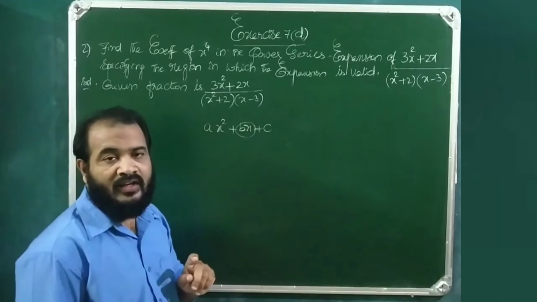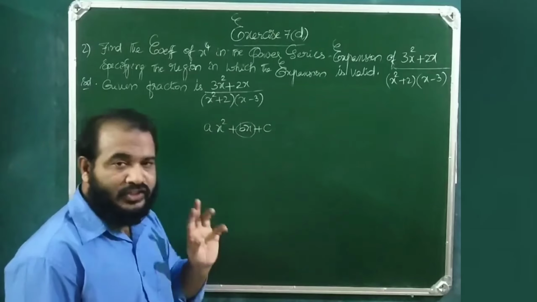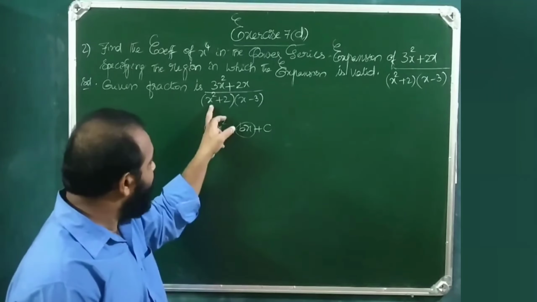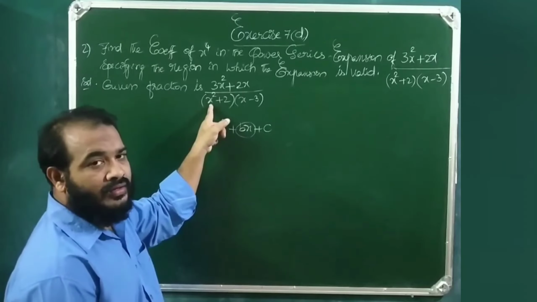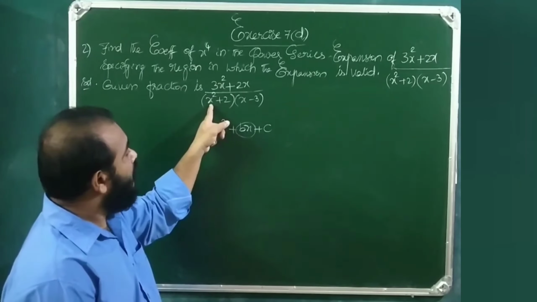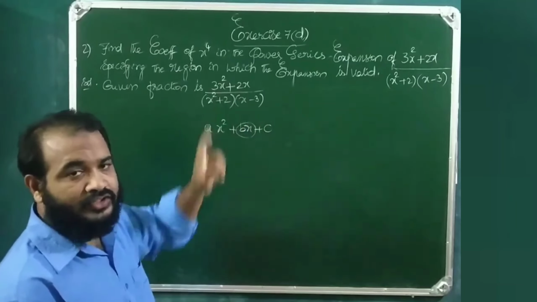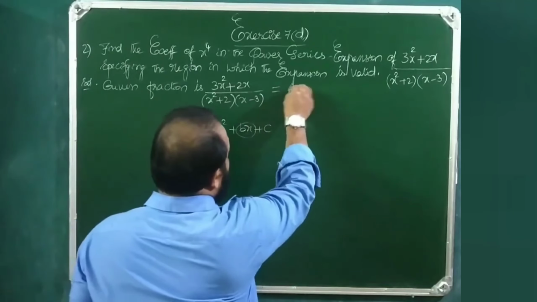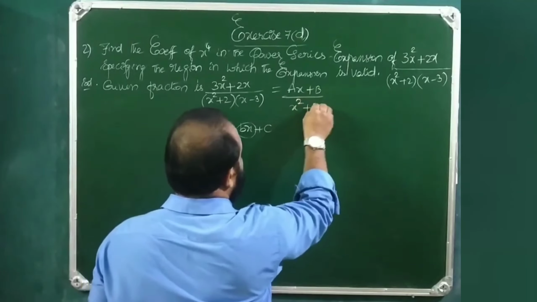x minus 3, non-repeated linear factor. This is the combination of type 3 and type 1. For every irreducible non-repeated quadratic factor, there exists a partial fraction of the form ax plus b by x square plus 2.